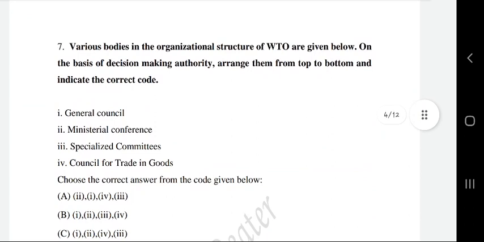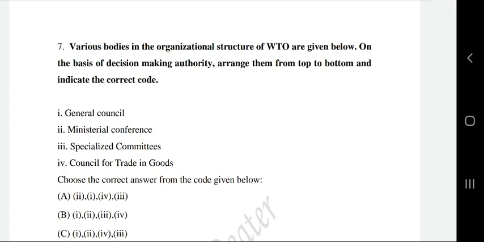Next question. Various bodies in the organization structure of the World Trade Organization are given below. On the basis of decision-making authority, arrange them from top to bottom and indicate the correct code. The bodies are General Council, Ministerial Conference, Specialized Committees and Council for Trade in Goods.